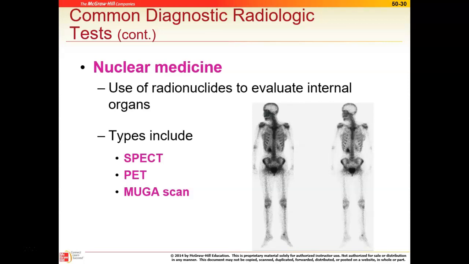We oftentimes use this if you inject radioisotopes into the system. It can actually be utilized to detect if someone has metastatic cancer. You can see little what's called hot spots that pop up if someone has had cancer and it's metastasized beyond that initial area. And so that's actually like a PET scan, which is listed second here when we look at the different types of nuclear medicine.